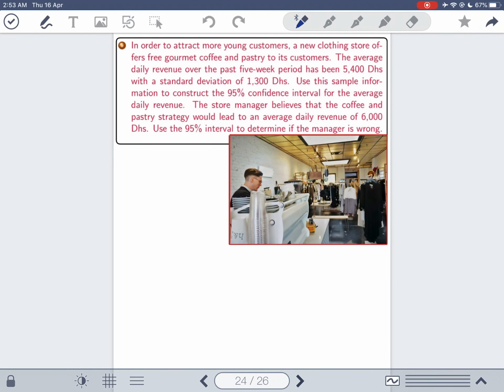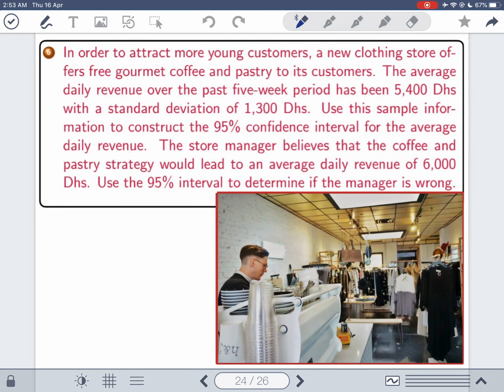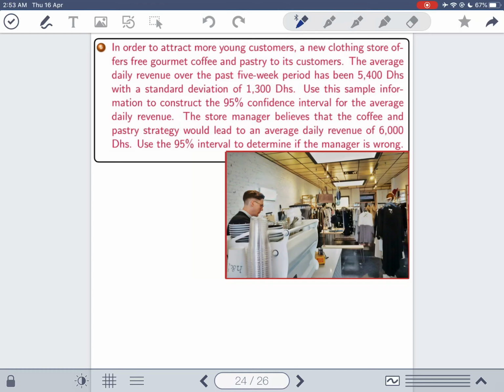Now we arrived at the last question for the lecture, and after we solve it, you have 6 solved exercises from the chapter of confidence intervals. So this means in each lecture you had 2 examples, and now you have 6 more. So from the 2 lectures, 4 plus 6, 10. You have 10 solved exercises.